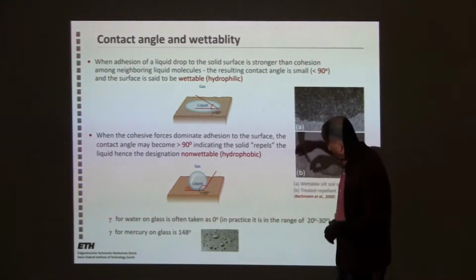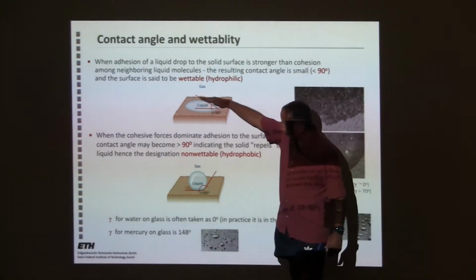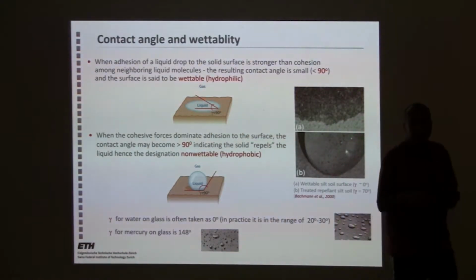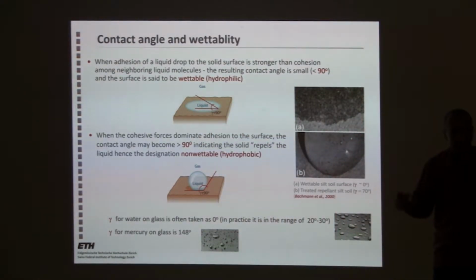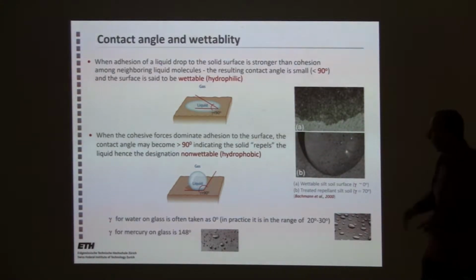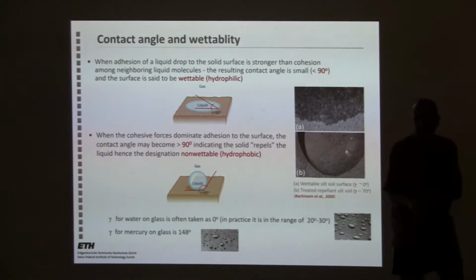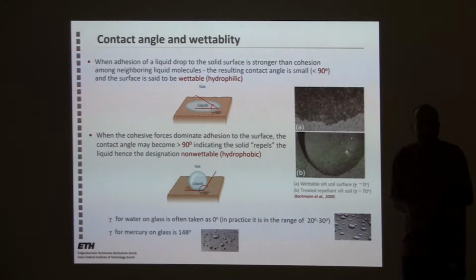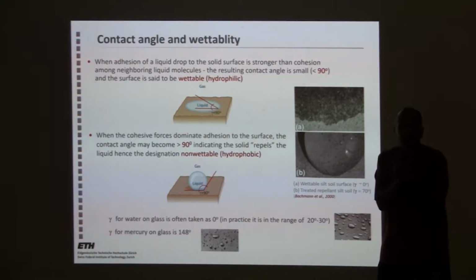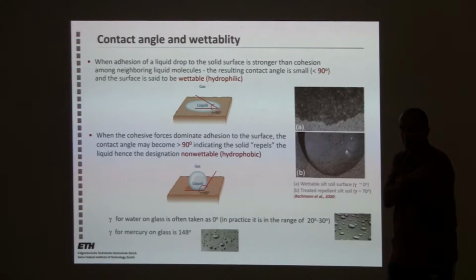So this phenomenon of spreading and creating a contact angle helps us distinguish types of interaction between liquids and solids. When the contact angle is less than 90 degrees, we say that the liquid wets the surface. So the system is wettable, and we'll hear more about wettability later this afternoon. In some cases, as you have all seen on Gore-Tex or other treated surfaces and sofas, water will bead on the surface.